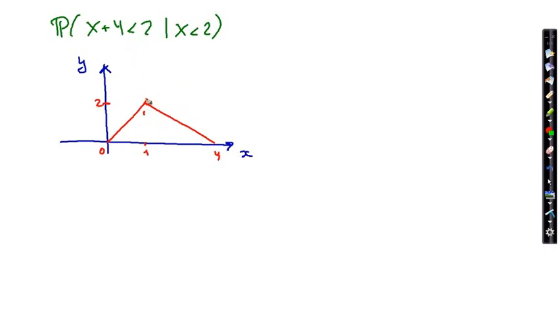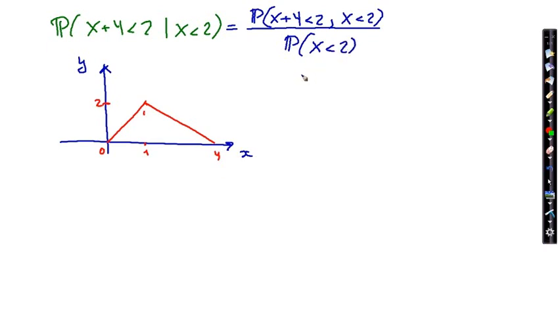The conditional probability can be calculated in the following way: the probability that x plus y is less than 2 and x is less than 2, over the probability that x is less than 2.